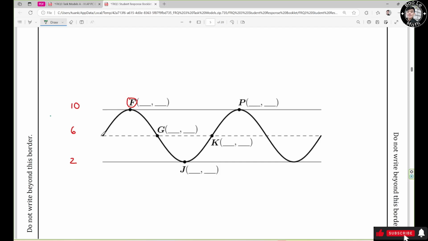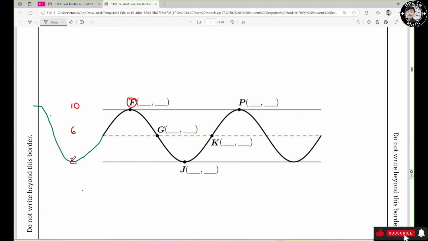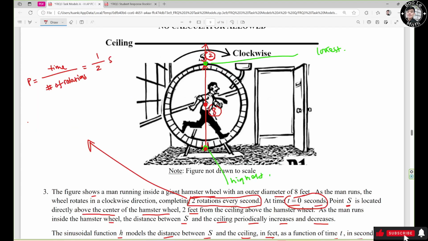So we need to extend this one to the left to see how the function looks. Okay, so right here t equals 0 and this is the point S, because the distance from here to here is the minimum.